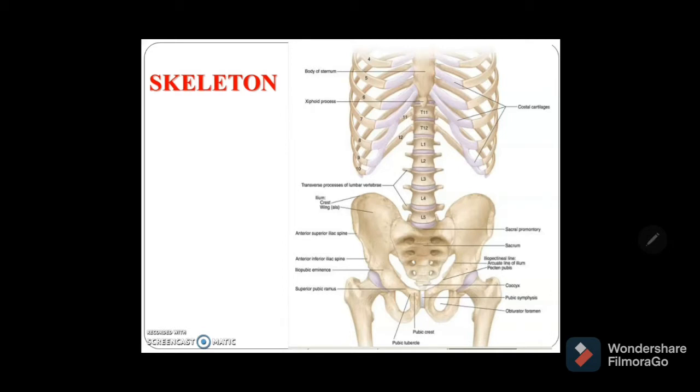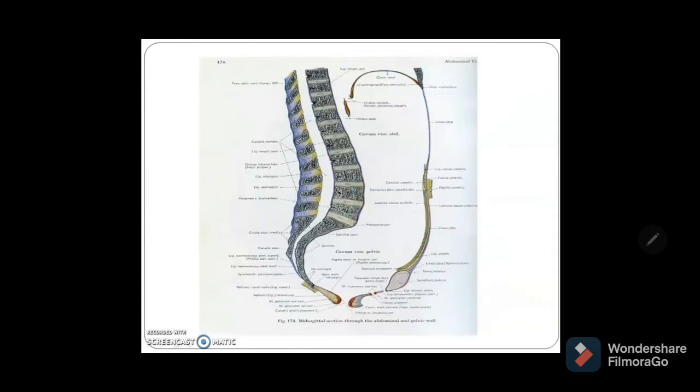The anterior abdominal wall is roughly hexagonal. Above it is bound by the xiphoid process and thoracic cage, laterally by the mid-axillary line, and below by the pelvic or pubic tubercle and pubic crest.